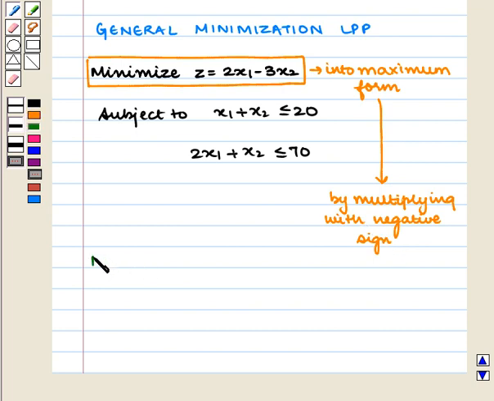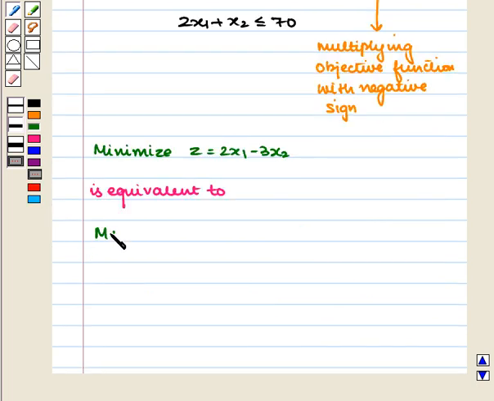That is, minimize z equal to 2x1 minus 3x2 is equivalent to maximize, say p equal to minus z equal to minus 2x1 plus 3x2.